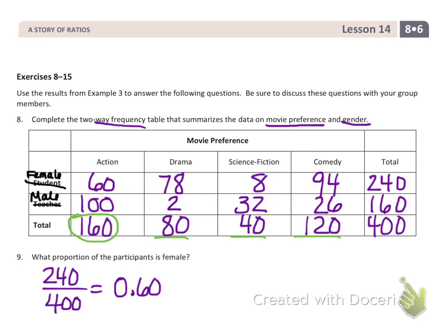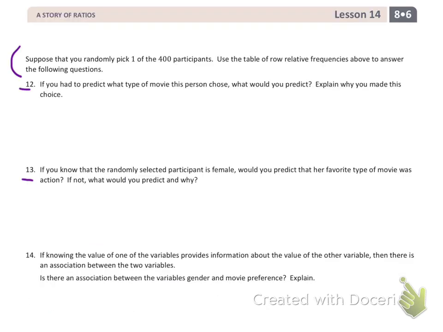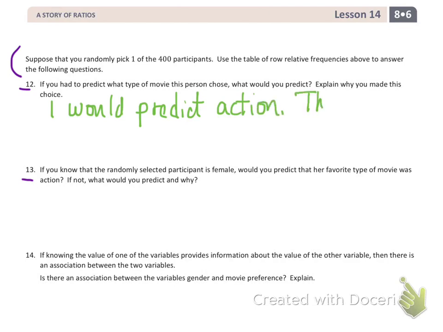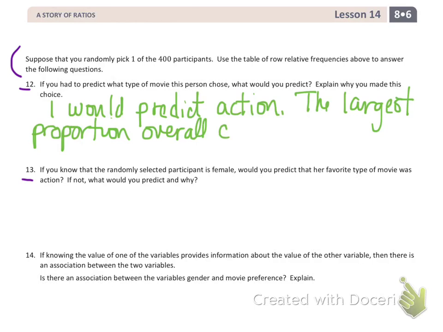Okay? So if I had to predict, I would predict action. And my reason is the largest proportion overall, whether it's men or women, chose action. Okay, so that would be my reason.